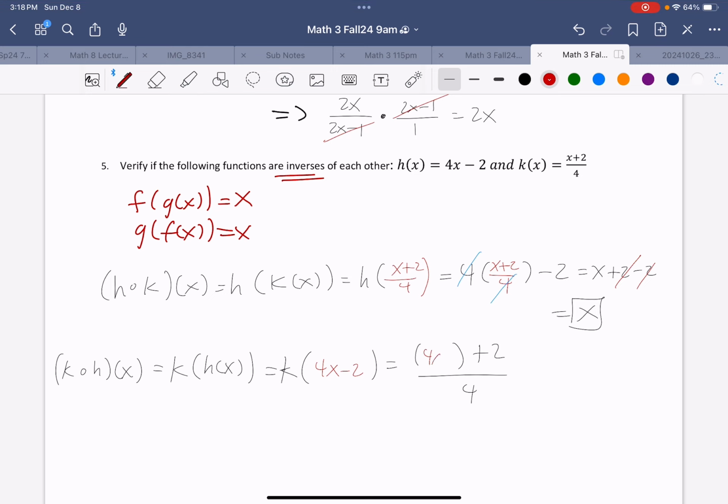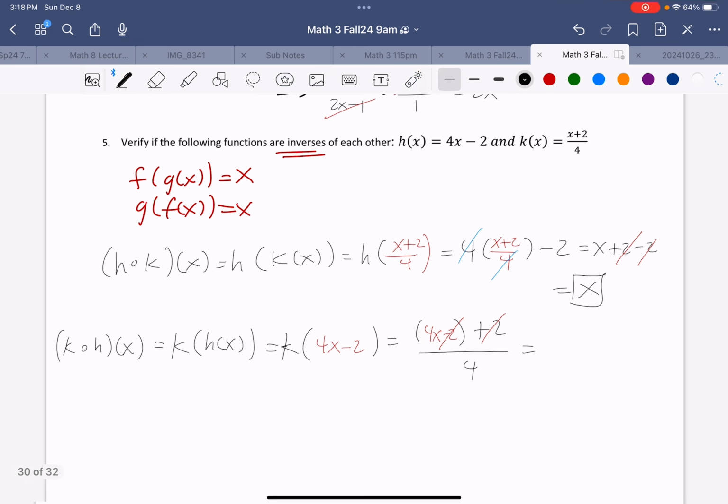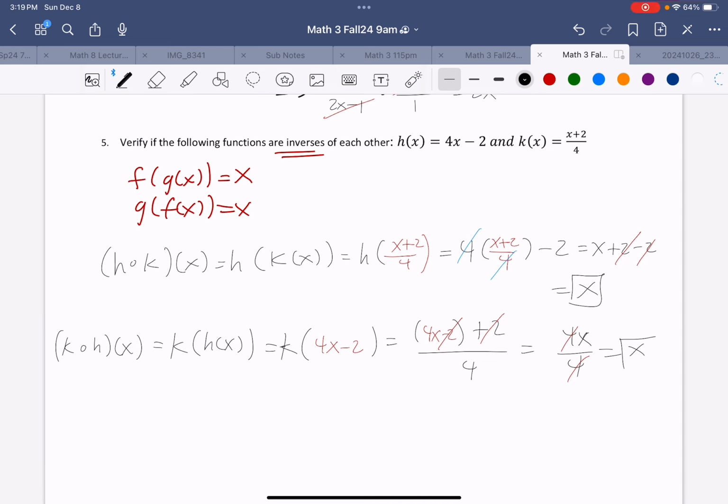And then that 4x minus 2 is in here. Now, if you notice, those 2's will cancel once you get rid of these parentheses because they're not doing anything. And then you're left with 4x over 4, which the 4's will simplify and leave you with exactly just x.